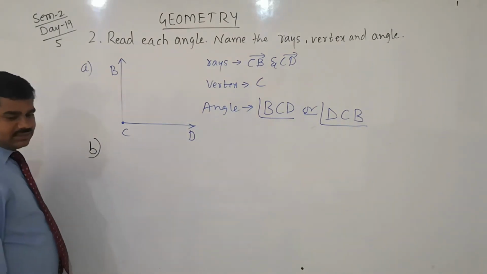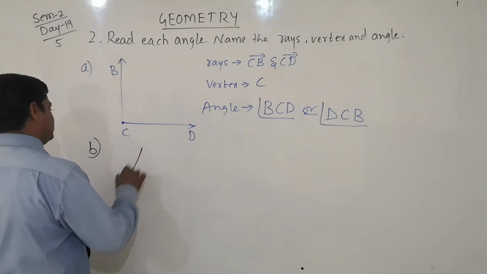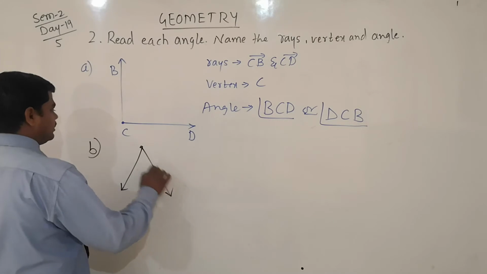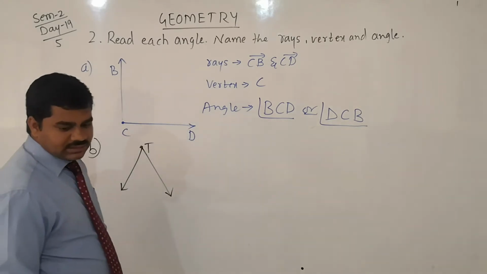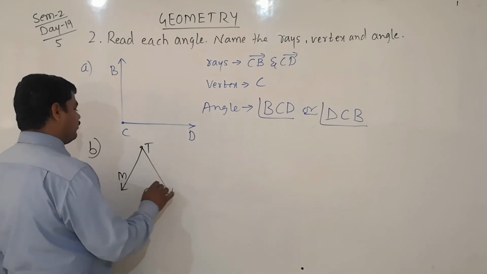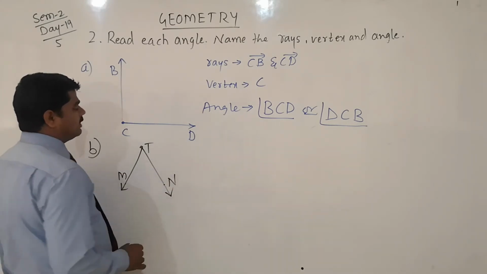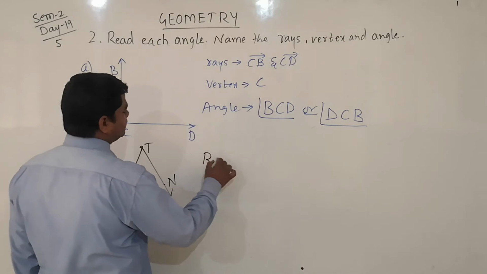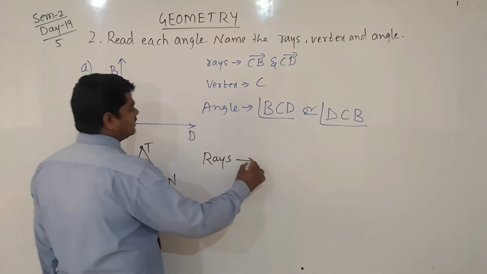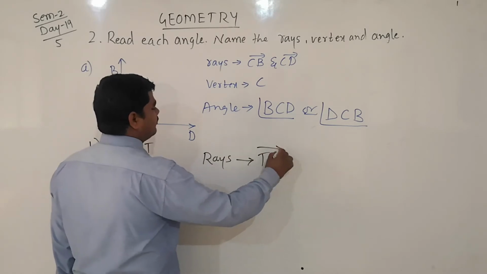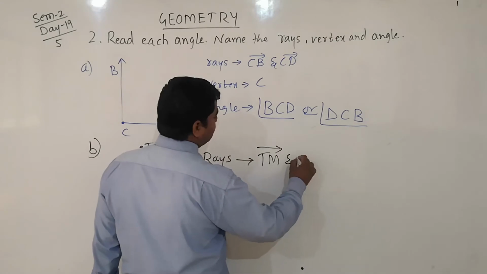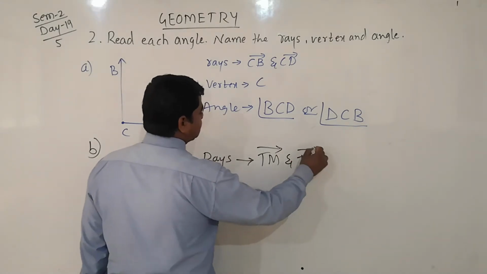Next figure. T is the vertex. TM one ray, TN another ray. Right, rays are TM and TN, the two rays.